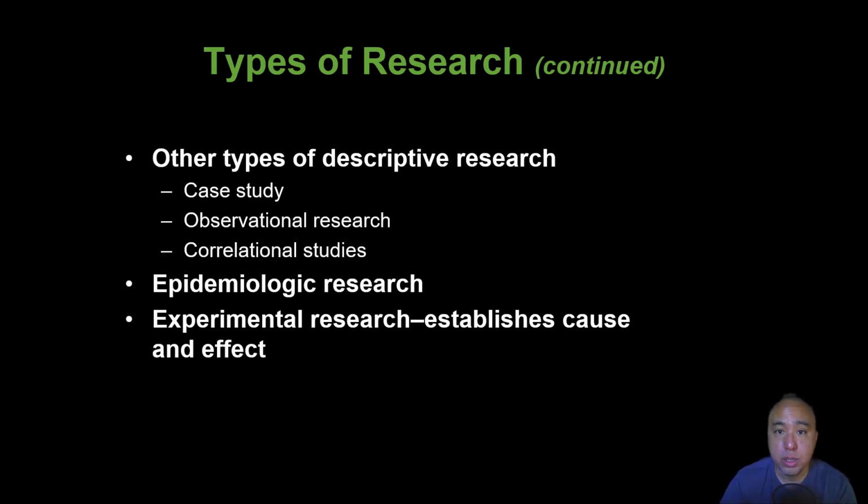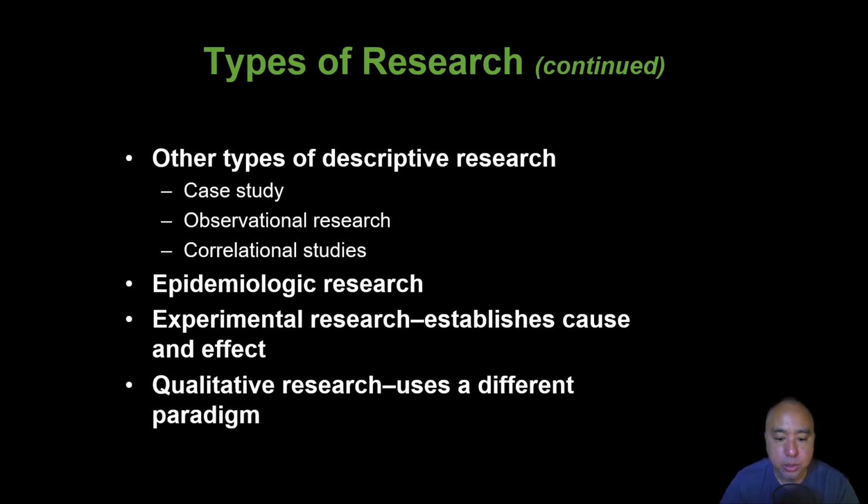So if you're interested in HIIT, you want to know the effects of HIIT on vertical jump performance, you may design and perform a randomized control trial in which one group does HIIT and the other control group does something else, some more traditional type of training, and you're measuring vertical jump performance and seeing pre and post what the changes are. So that is a research study that's experimental in nature.